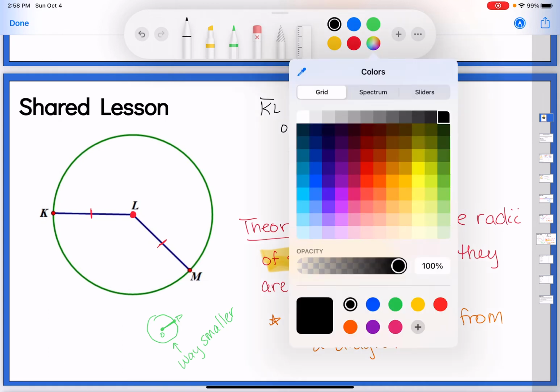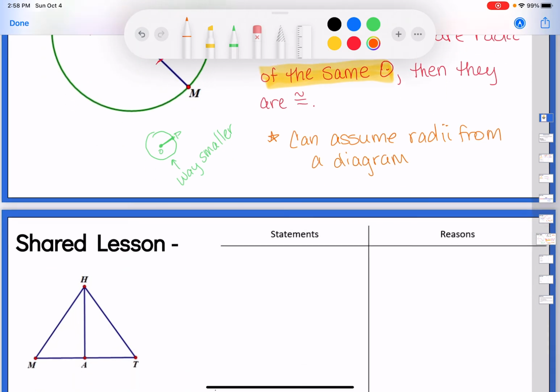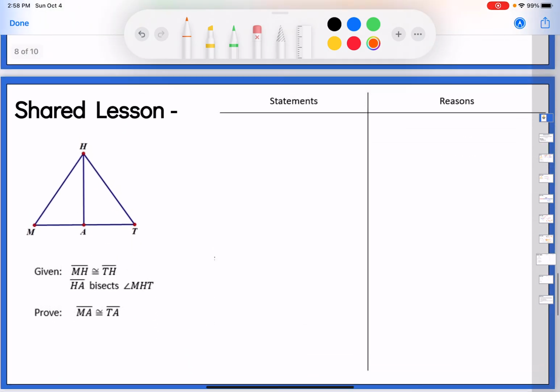And the reason would be assumed from diagram. And then I could say that KL is congruent to LM. So remember, just kind of like with vertical angles, this is kind of a double step. Whenever you want to use this new theorem, you got to include the assume from diagram step first. All right, so we got a new theorem here that's really helpful, along with CPCTC. Man, we got a whole bunch.